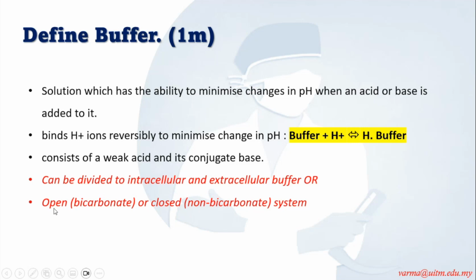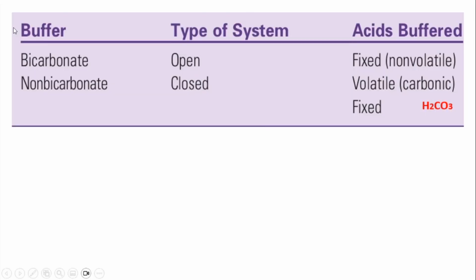It's open because of the carbonic acid equation: the carbon dioxide can be eliminated to the environment. That is the open part they are talking about. Whereas the closed non-bicarbonate system is all within the body in vivo; it is not in relation with the atmosphere.